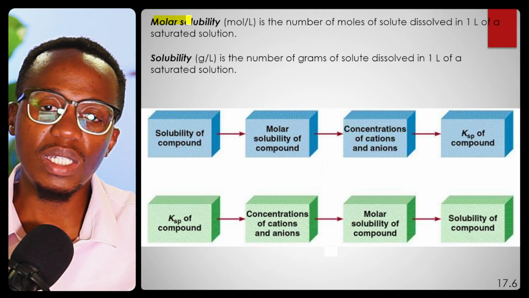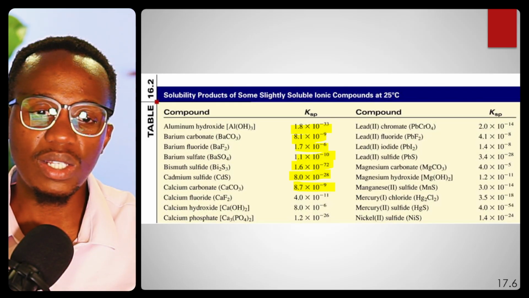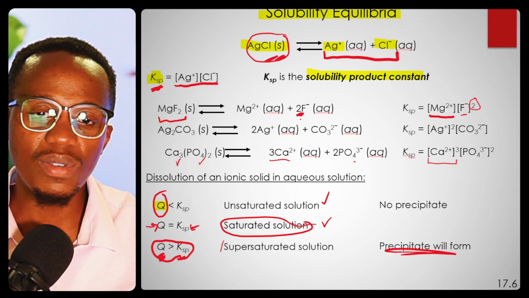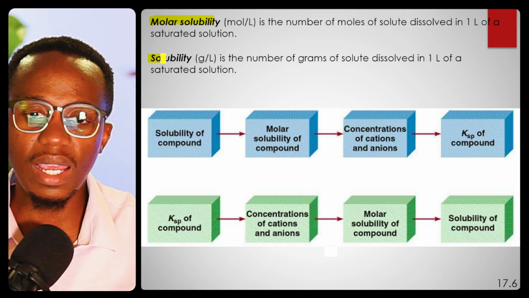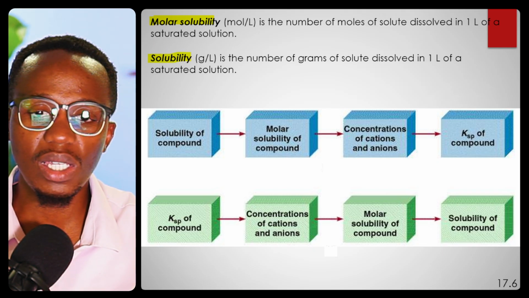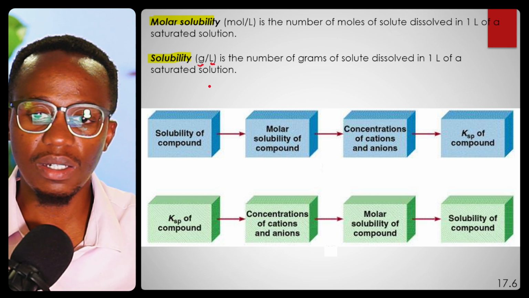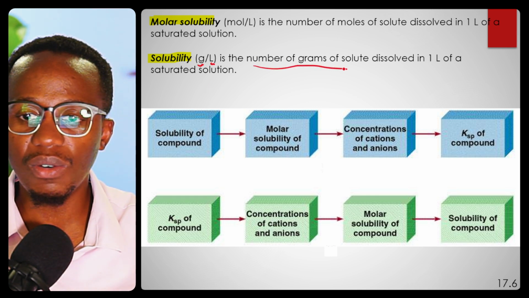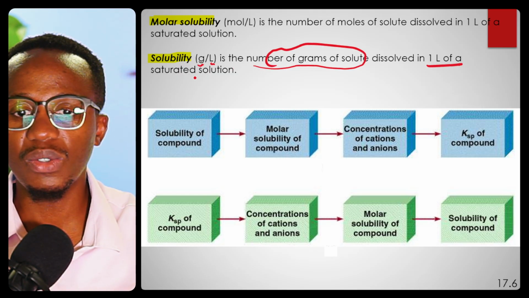Now let me introduce you to two other terms. Molar solubility, right? The one that I just introduced you to is called the solubility product constant. But then you have solubility itself. So you have molar solubility, and then the other, usually pure solubility, is grams per liter, which is basically the number of grams of solute that can be dissolved in 1 liter of a saturated solution, right?